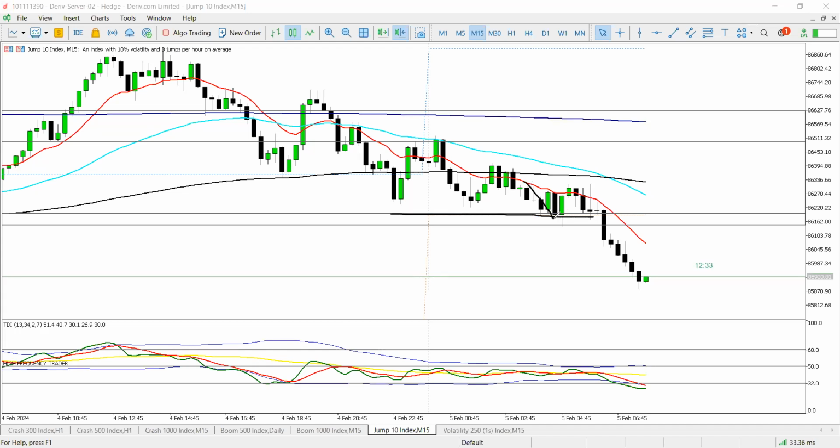Price bounced, then broke. So if they come retest that area, I'll be looking to sell from there. Look at your M15, this last low which was broken. If we get a retest there, we're going to keep it simple, preferably an M, and look for a fresh pattern to form right there. Then we can take a sell.